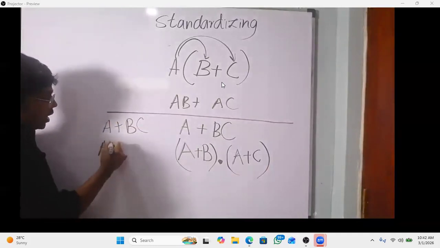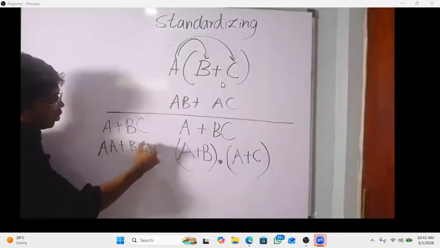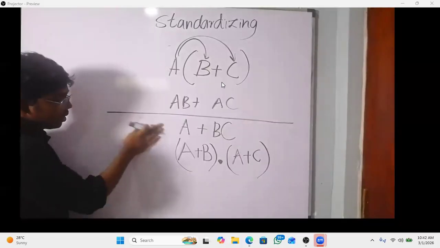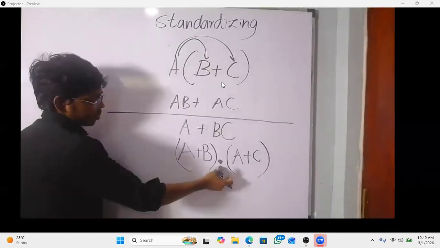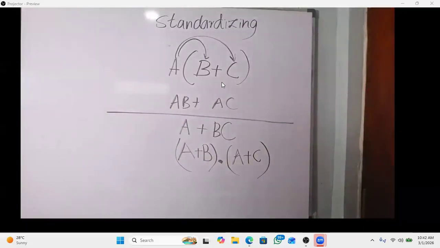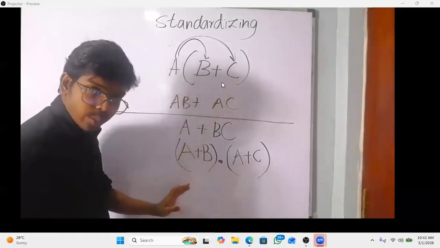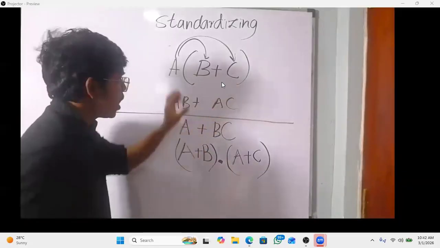You can do the thing this way. Is it clear? Did that go into your head? If you can multiply and break the bracket, I can form the bracket by doing the same thing opposite.